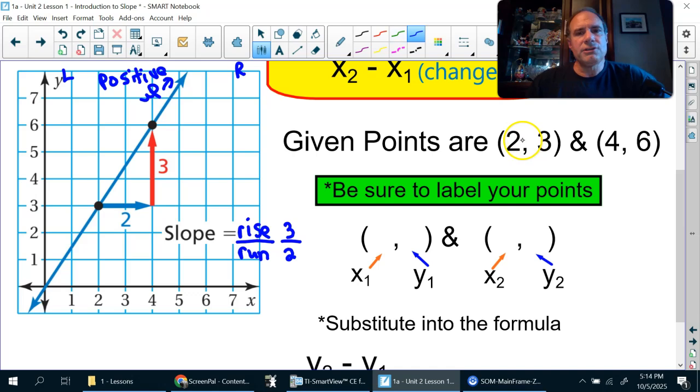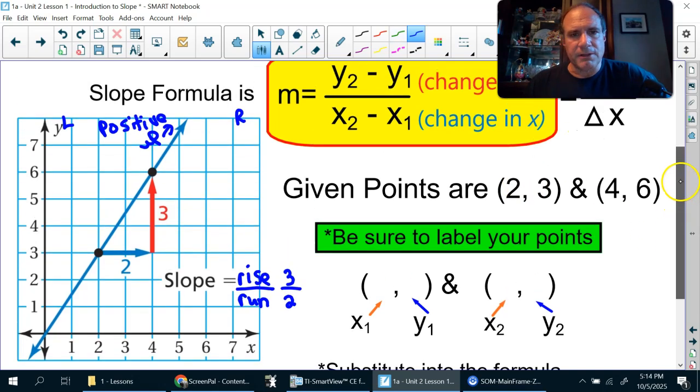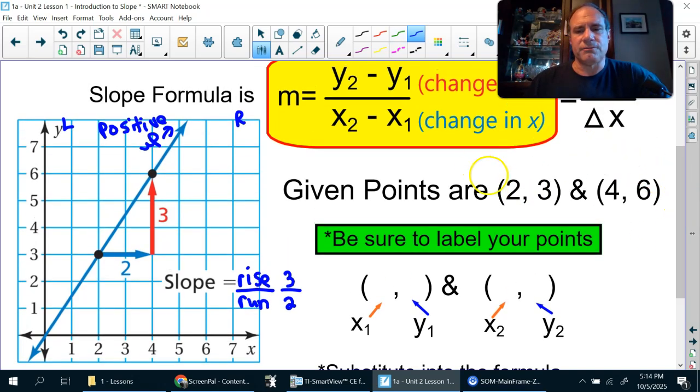So what we do, since the formula is y2 minus y1 over x2 minus x1, is label the given points. We look at this 2, and we say that's an x value.